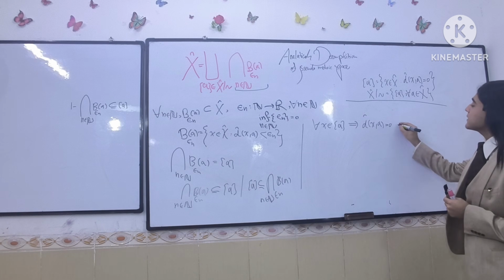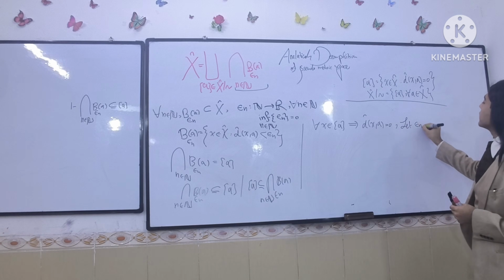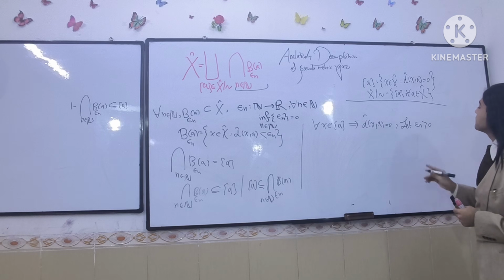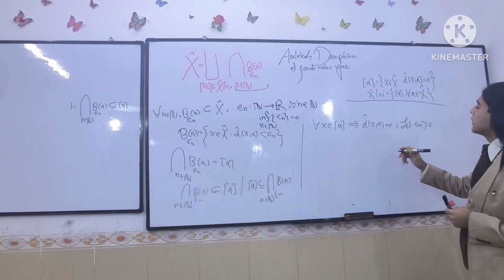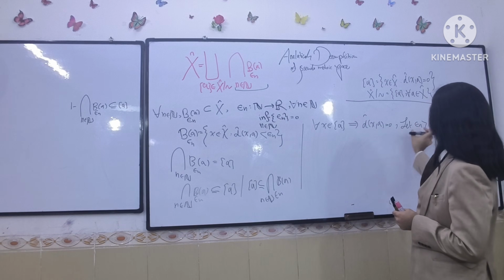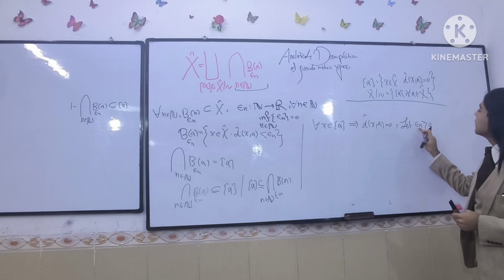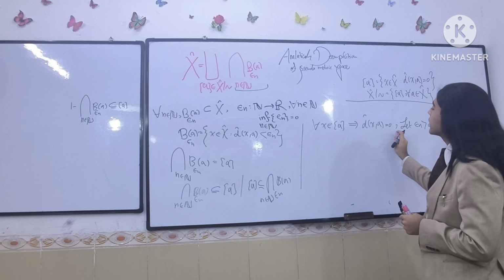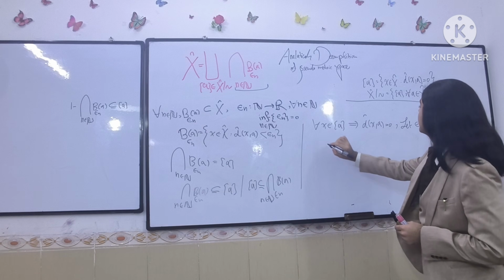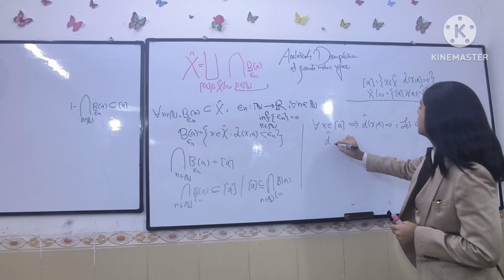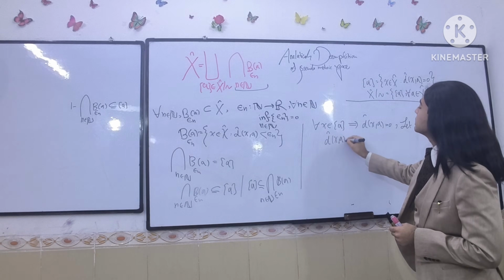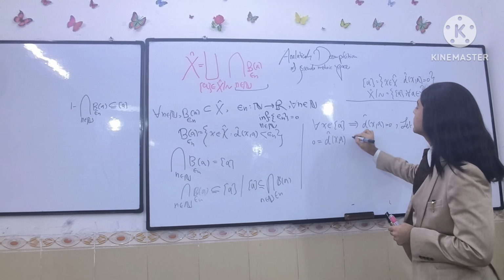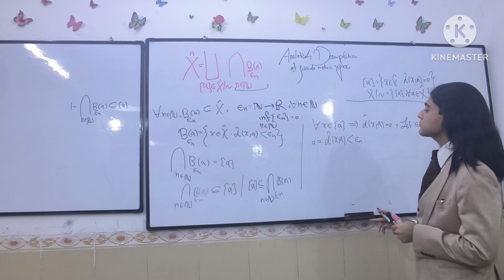Now, let epsilon n be greater than 0. Because epsilon n is greater than 0, I conclude that d of x and A is equal to 0 and less than epsilon n.